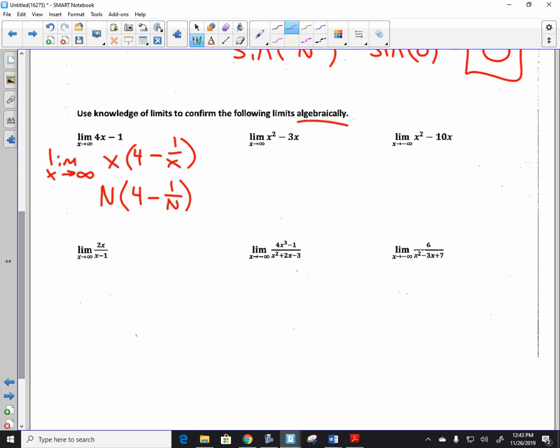What is 1 over a very large number? 0. That's something we can say with great confidence. Doesn't matter if it's positive or negative, 1 over a very large number will go to 0. And so you will get 4 times a very large number, and you are convinced that 4 times a very large number will bring you to infinity.